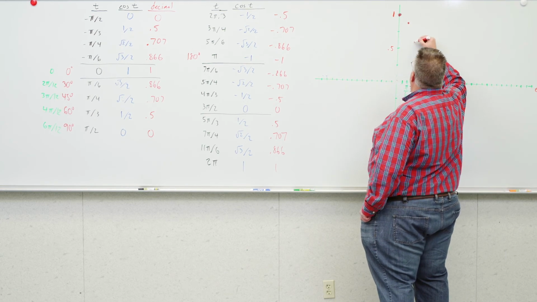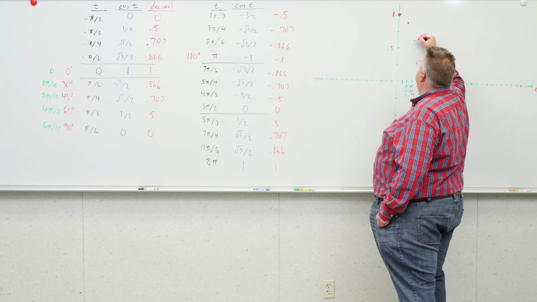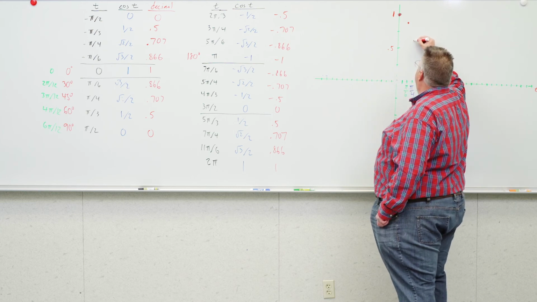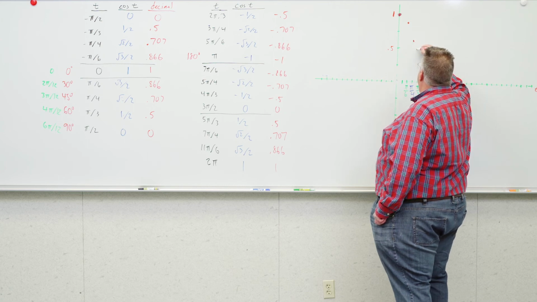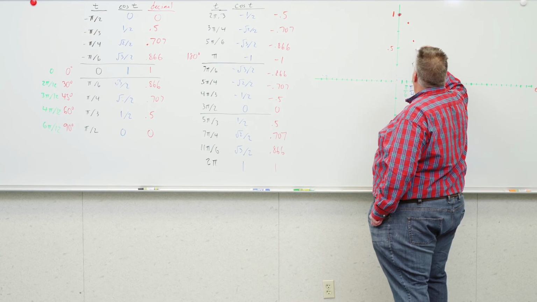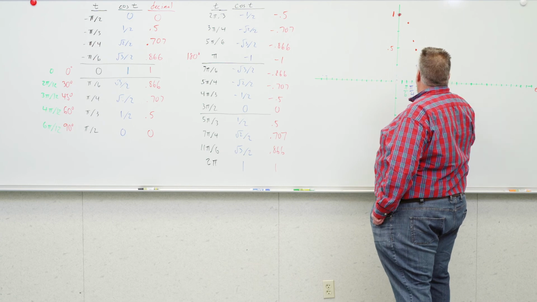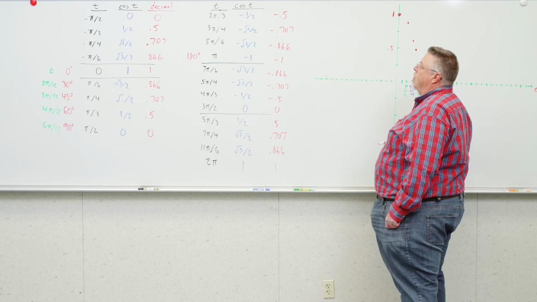Here at pi over 4, root 2 over 2, 0.707. Here's 0.75, a little bit lower. Here at pi over 3, I've got a nice easy 1/2. And then at pi over 2, I am at 0.